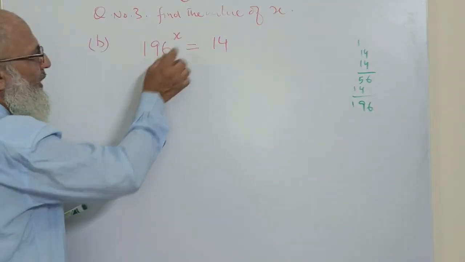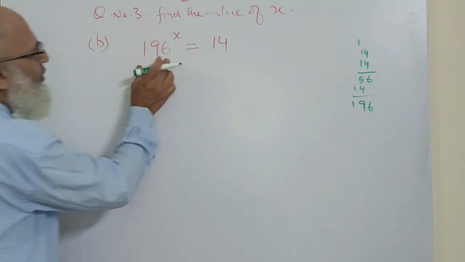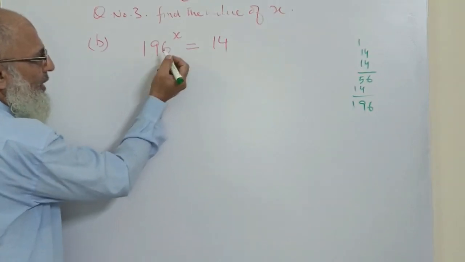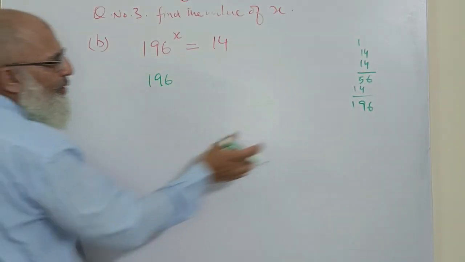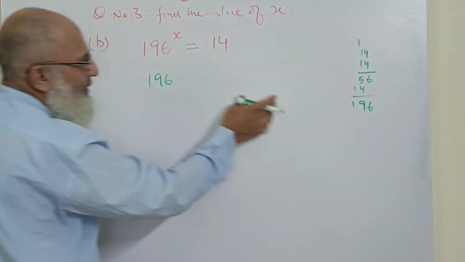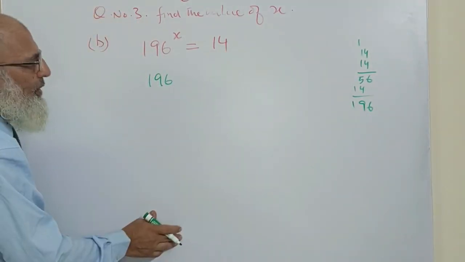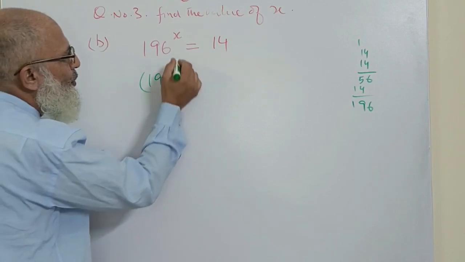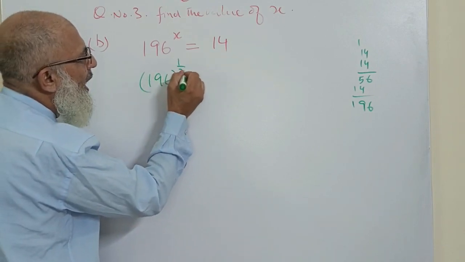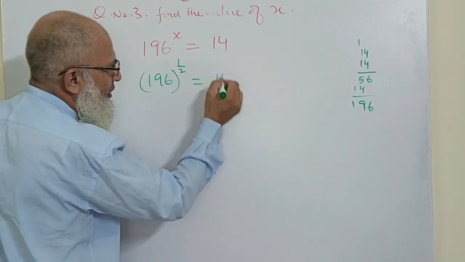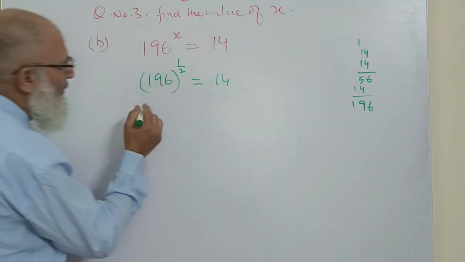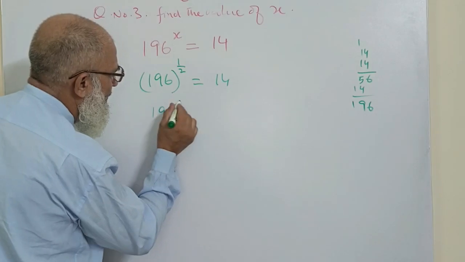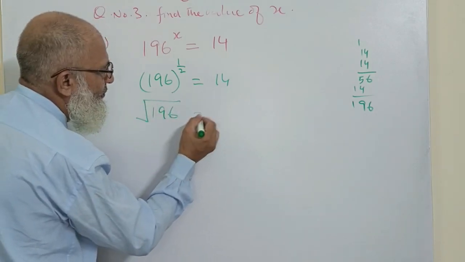We have to find the value of x. Starting with 196. Now since I know that 196 is the square of 14, I'll write half, and that is equal to 14.